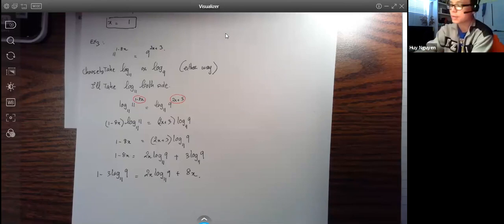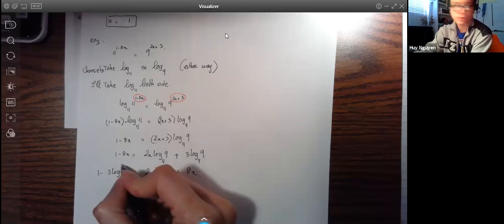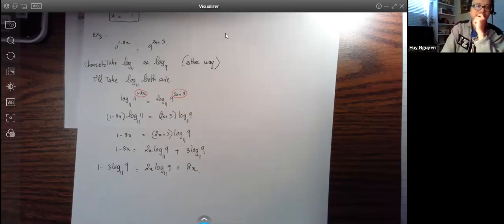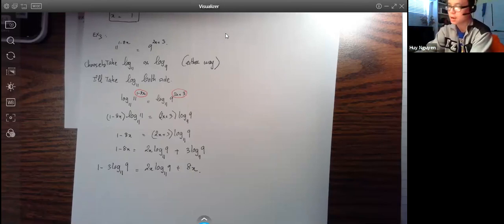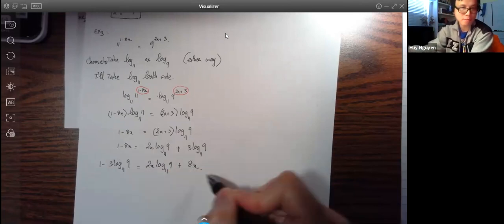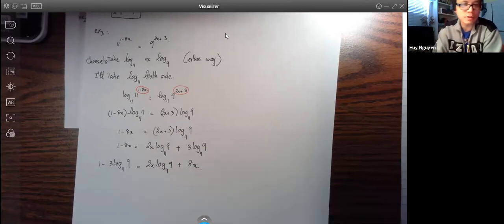So I have 1 minus 3 log base 11 of 9 equals 2x log base 11 of 9 plus 8x. Everybody is following me on that step? I say adding both sides, but you know I mean you put 8x on both sides and cross them out, like back in high school, but we are not in high school anymore.